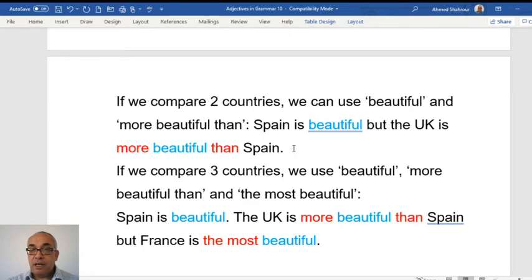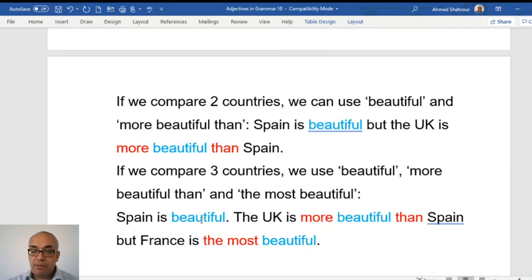In this sentence, I compare 2 countries only. If we compare 3 countries, we use beautiful, more beautiful than, and the most beautiful. Spain is beautiful. The UK is more beautiful than Spain, but France is the most beautiful.